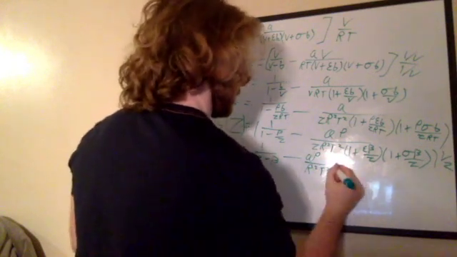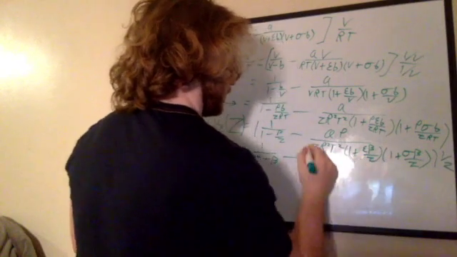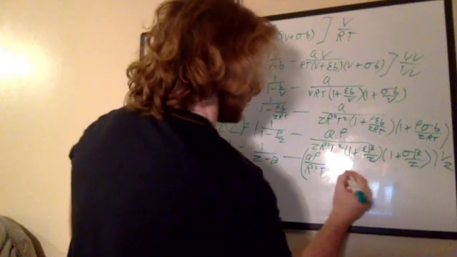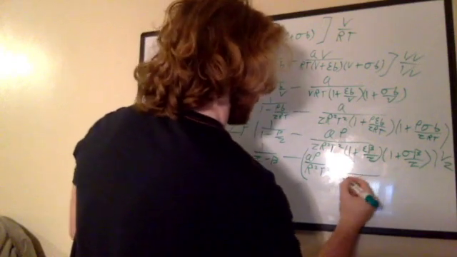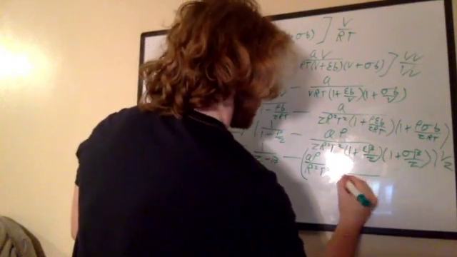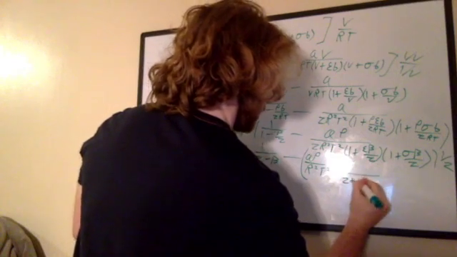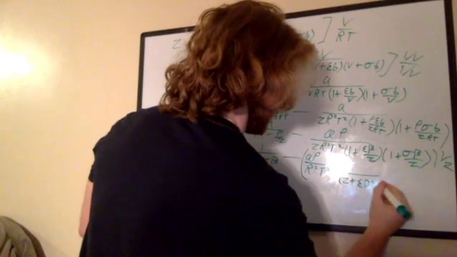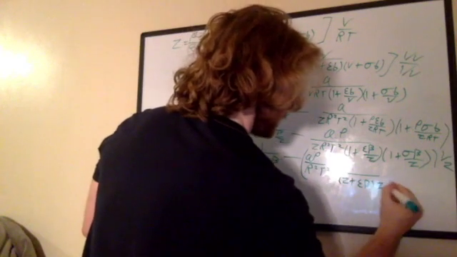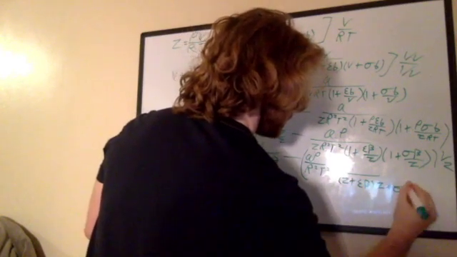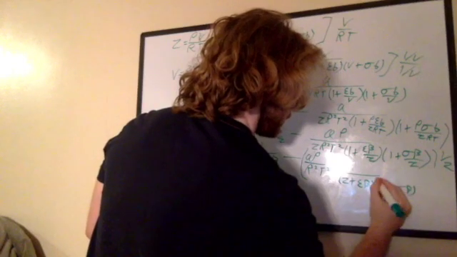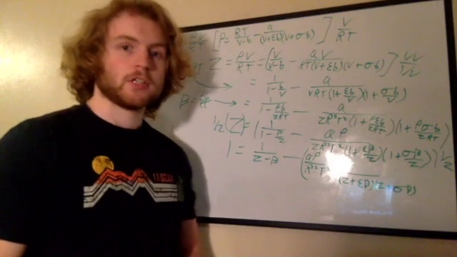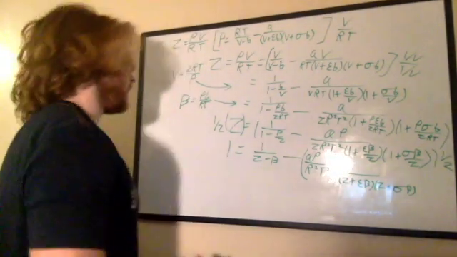And then that is going to be multiplied by brackets. Alright, so that's going to be equal to 1 over, then we're going to have z plus epsilon beta, and that's going to be multiplied by z plus sigma beta, right there.